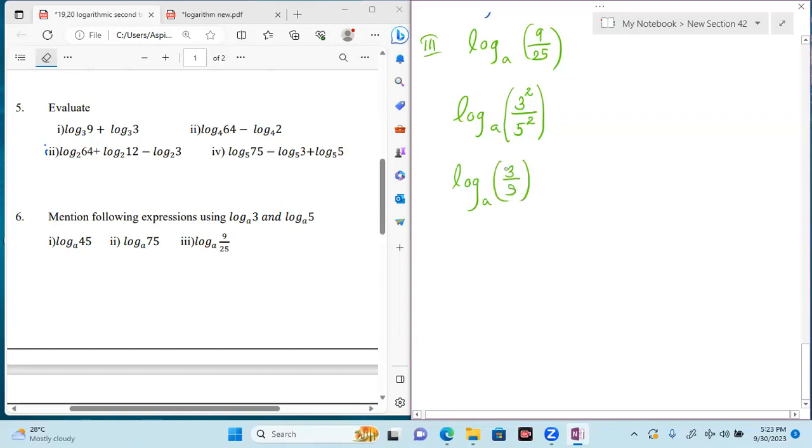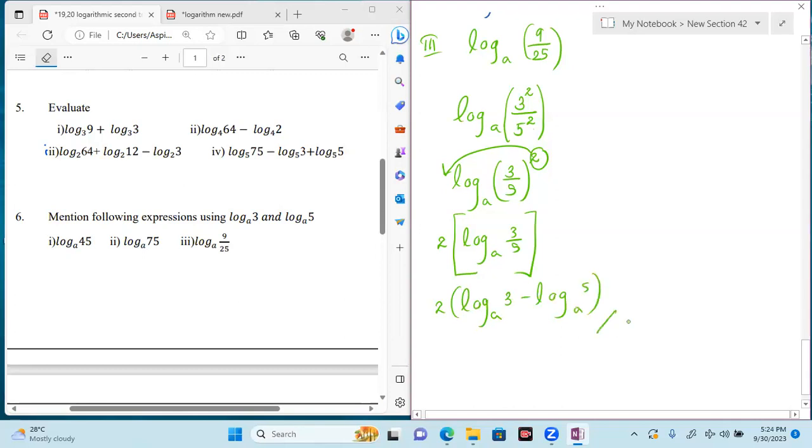Here 3 over 5 can be written as a power, because the powers of both the numerator and the denominator are equal. Now it is a power, so the 2 can be taken to the front: 2 into logarithm of 3 over 5. Now this term can be expressed as a difference of two log terms. The same answer we can obtain this way also.